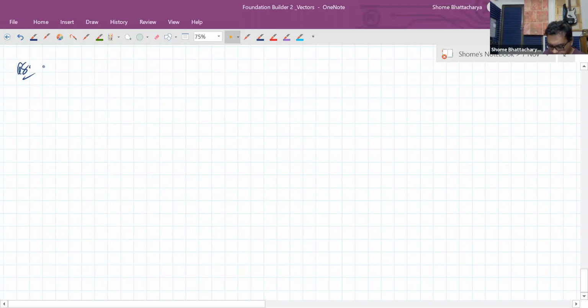Okay, so let's move to question number 8 next. It's saying that a unit vector perpendicular to the resultant of vectors A and B is which of these?